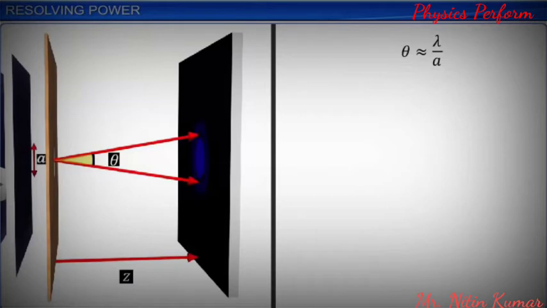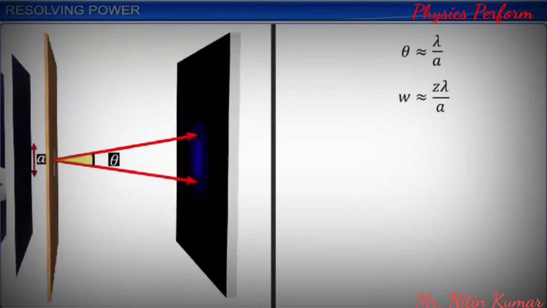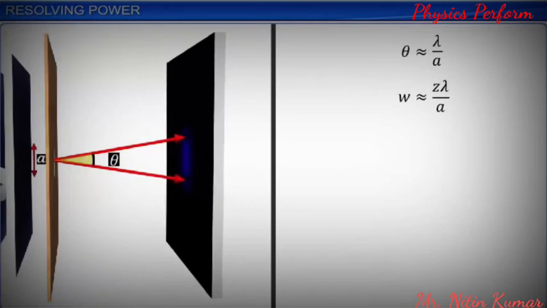The value of Z, for which the spreading of the image due to diffraction is approximately equal to the size of the aperture A, is called Fresnel distance. That means, if W is equal to A, then Z is equal to ZF.